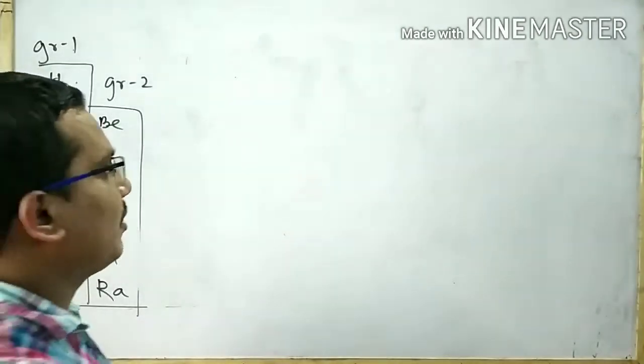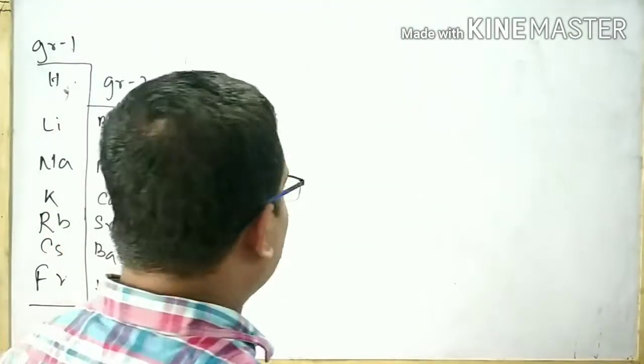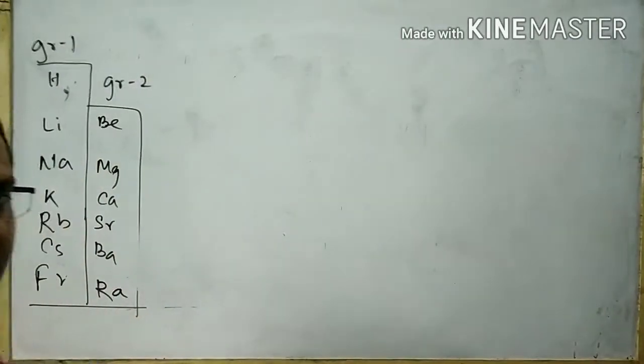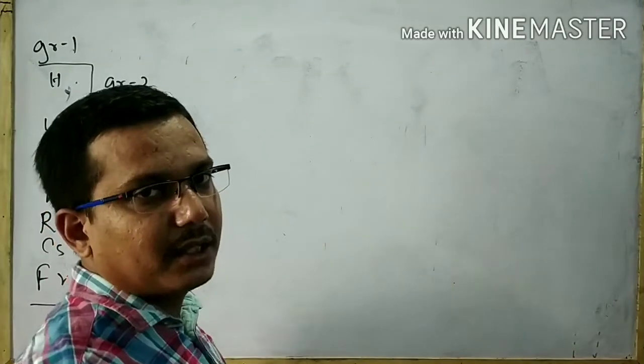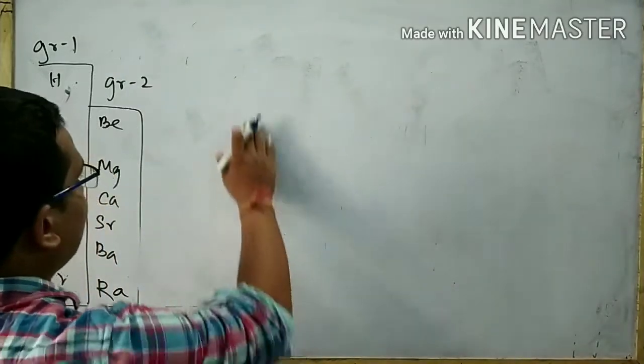Now I will discuss the p block elements. P block elements are generally present on the right side of the modern periodic table.